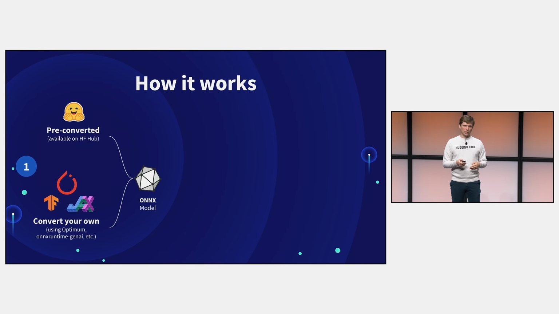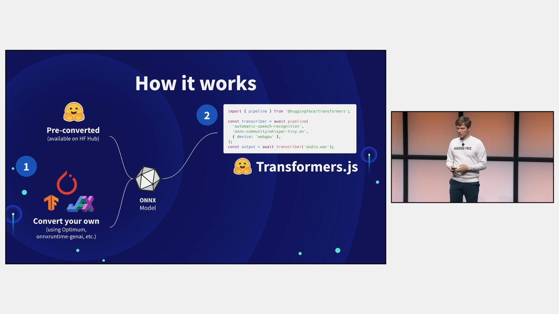So maybe taking a step back, asking yourself how it works. First, we provide a large collection of pre-converted models, nearing around 2,500 on the Hugging Face Hub. And if you have your own custom model, we provide various scripts and libraries that allow you to convert your PyTorch, JAX, or TensorFlow model to a unifying standard known as ONNX. ONNX stands for Open Neural Network Exchange.